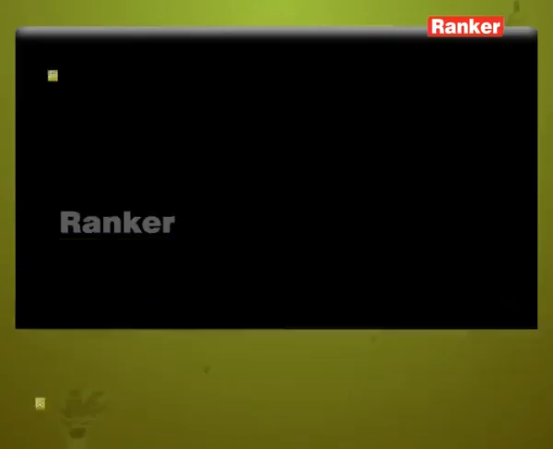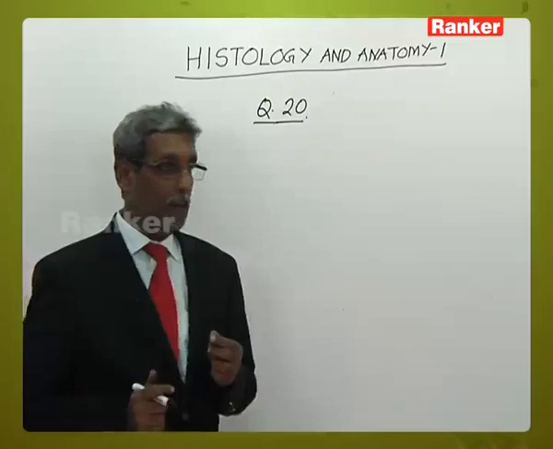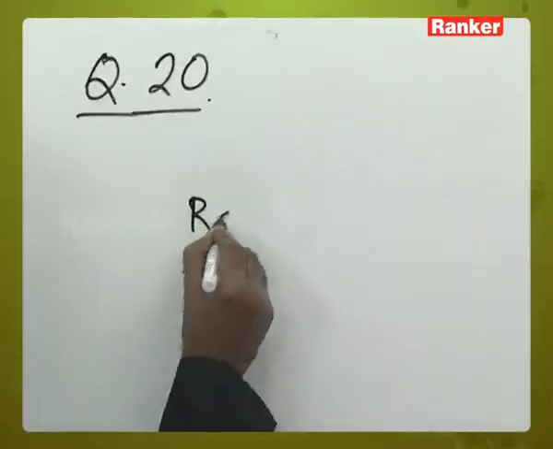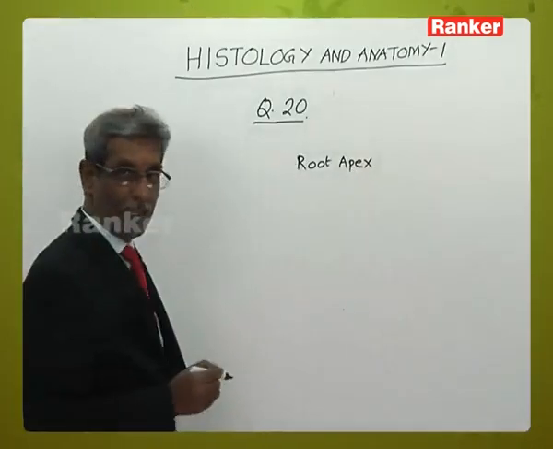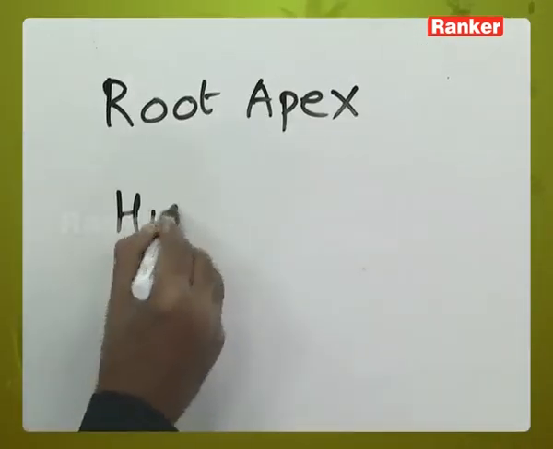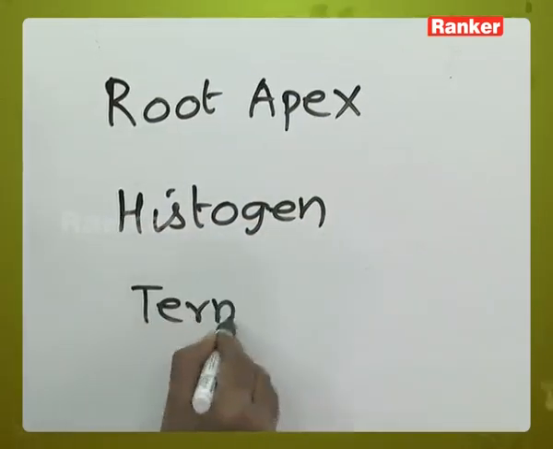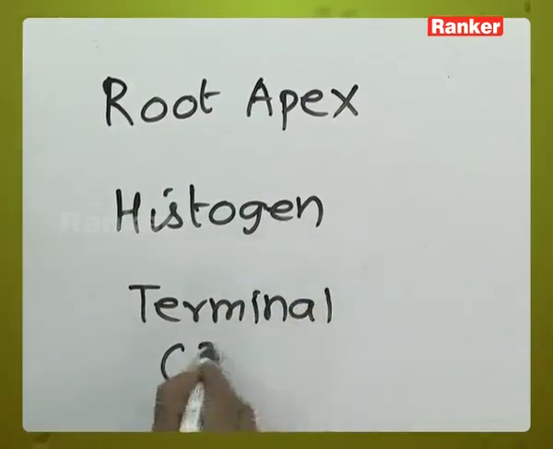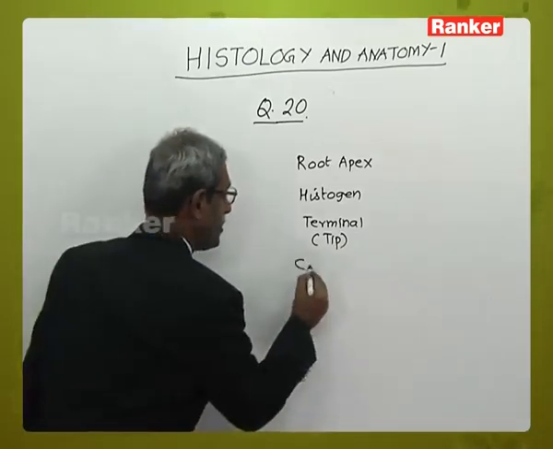Question number 20. Histogen found at the tip of the root apical meristem is A. Plerome, B. Periblem, C. Calyptrogen, D. Dermatogen. When you take the root apex, the dividing tissue is termed as a histogen, and the one which is present terminally, at the tip, is termed as a calyptrogen.